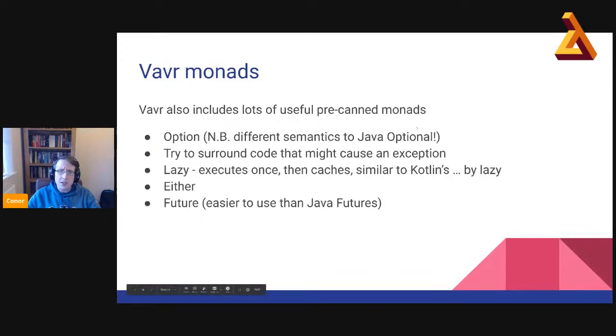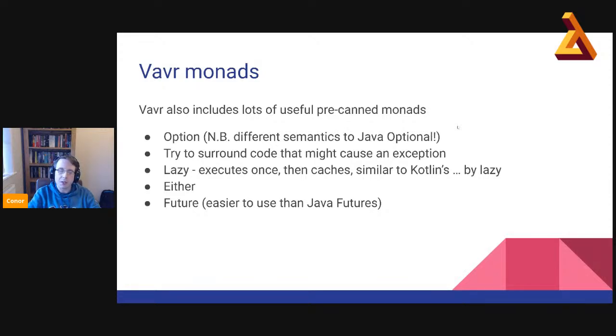You've got the Try monad. Basically, this is a faster way of surrounding something with a try-catch block and saying, "Oh, I don't care about this right now, I'm just going to throw an unchecked exception." Like if you've got some library code that throws a checked exception that you just don't want to deal with, you can say, "Well, I want to just blow the whole thing up."